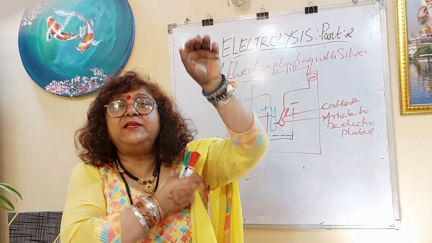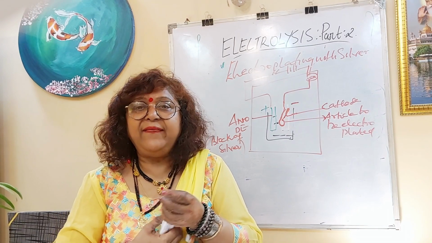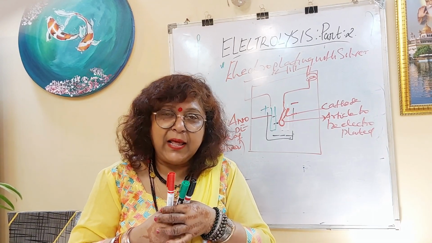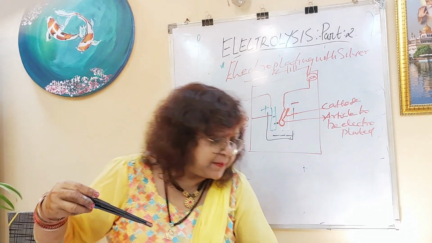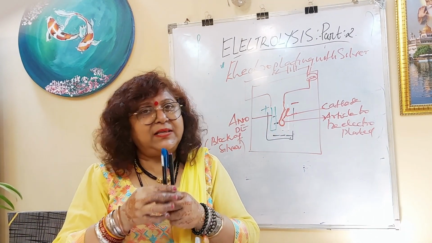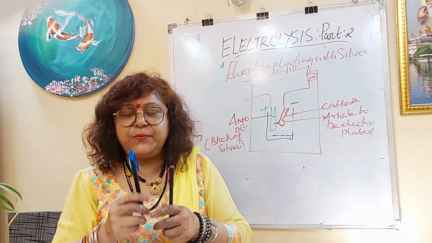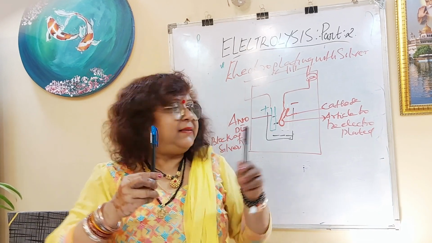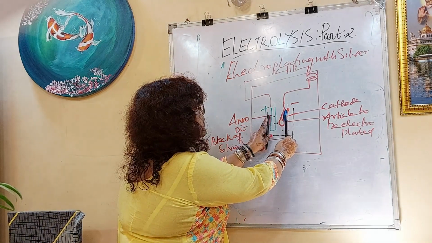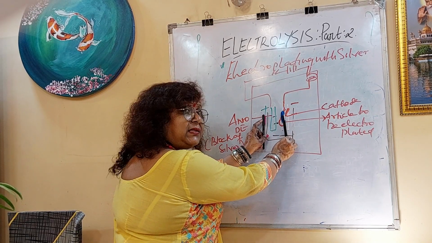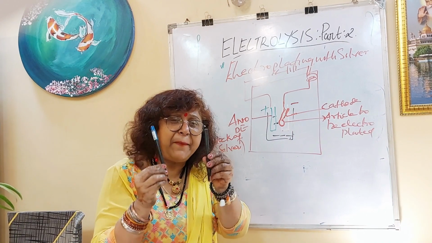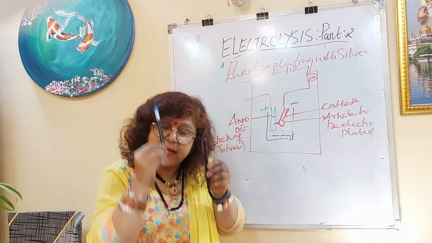After that, the spoon is wiped, dried, and then made the cathode. So now, as I told you, these two pens: the pink pen is the anode and the blue pen is the cathode. Silver has to come on this cathode.